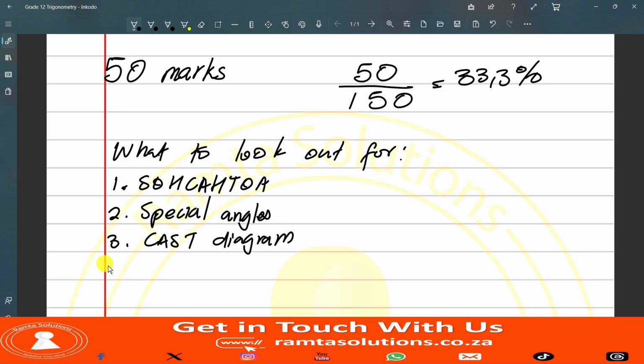Then we go to grade 11. We're going to look at reduction formulas. Then we go to identities.